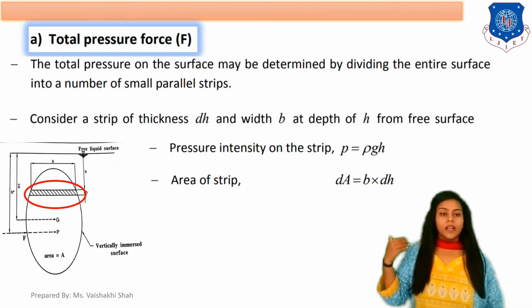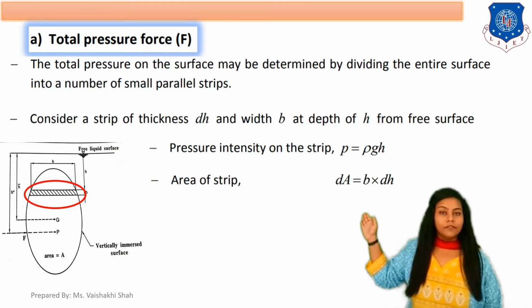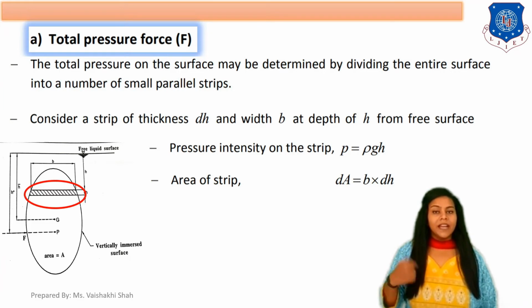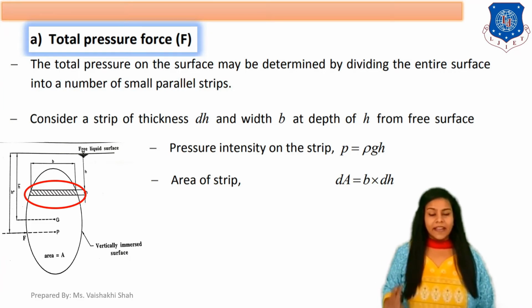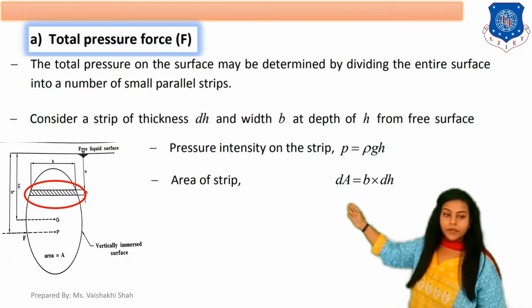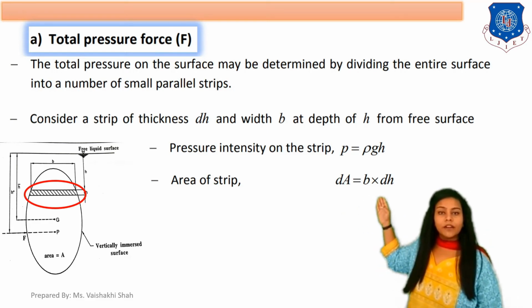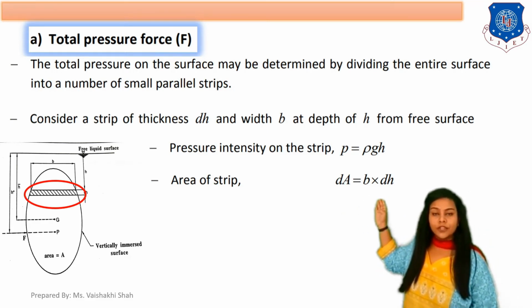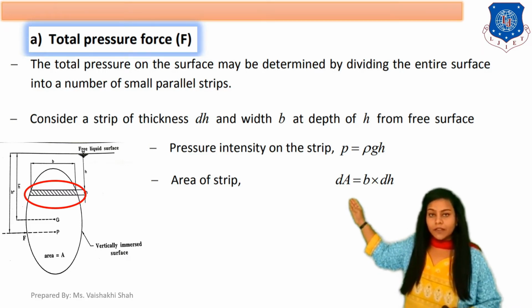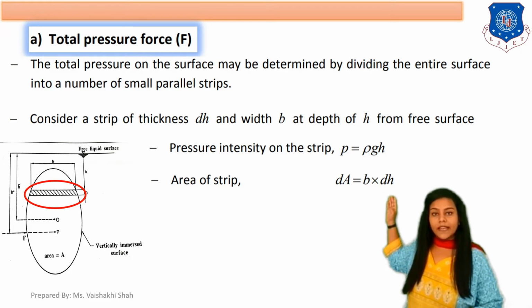Now we can find out the area of this strip. We take the area of this strip as dA, and area is width into height. The width of this strip is b, and the depth of this strip is dh. So the area of the strip is dA, so dA equals b into dh.